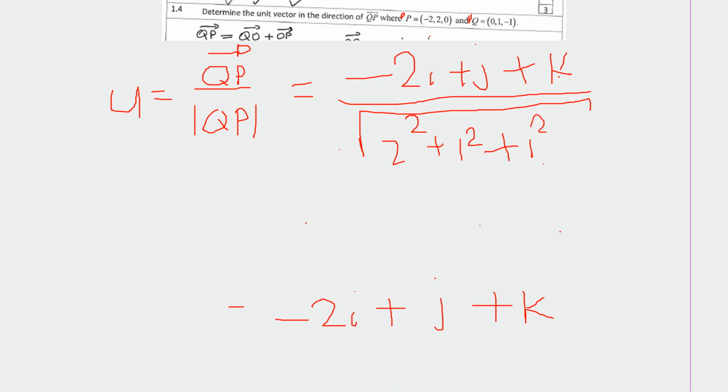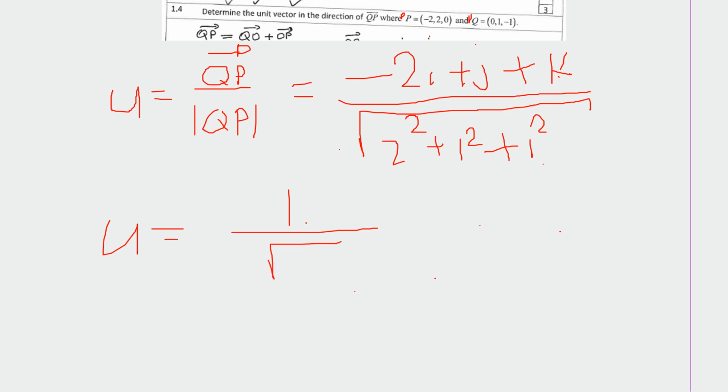So you can represent the unit vector this way: unit vector is equal to 1 over the square root of, inside, 2 squared is 4, plus 1 plus 1, that's 6. So it's going to be 1 over square root of 6 multiplied by the vector at the top, which is negative 2i plus j plus k. Okay, so that is how you answer this question.